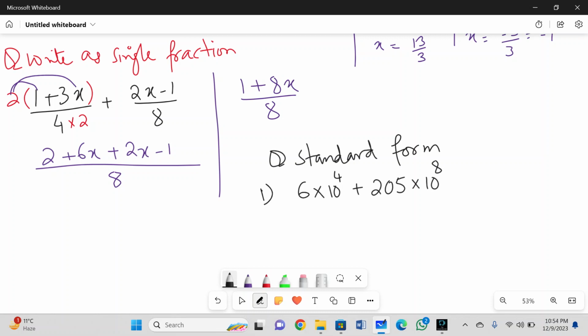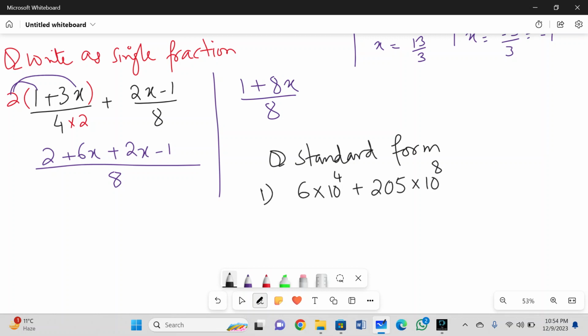In order to add, they should have the same powers. One of the powers is 4 while the other power is 8. You are supposed to make them similar. Whenever you want to reduce the power, simply shift your decimal towards the right side. Remember the term right for reduce. And whenever you want to increase the power, shift your decimal towards the left side.